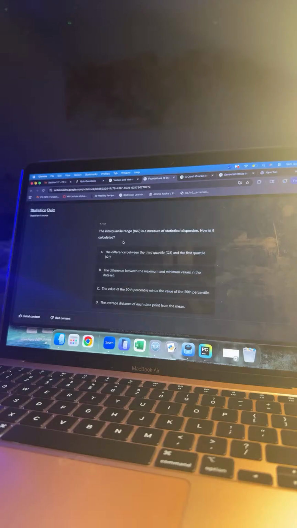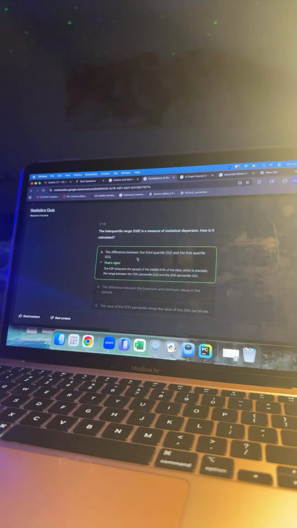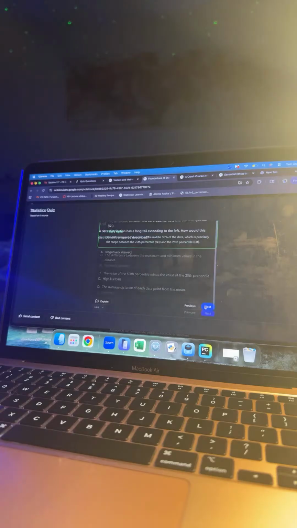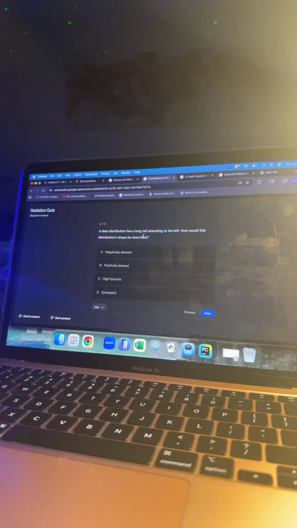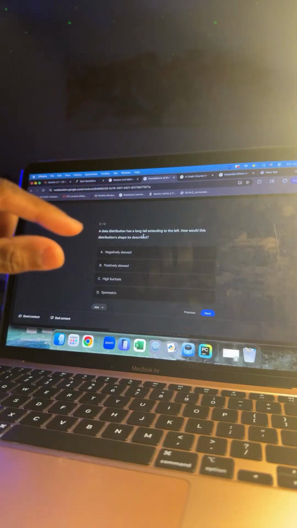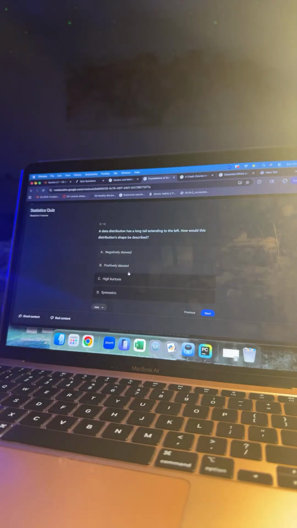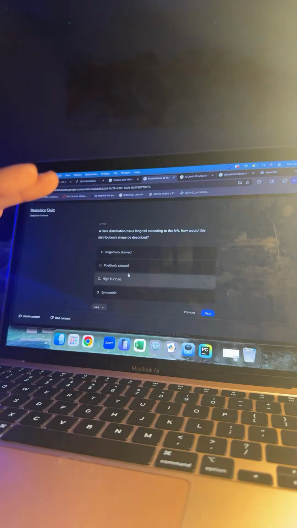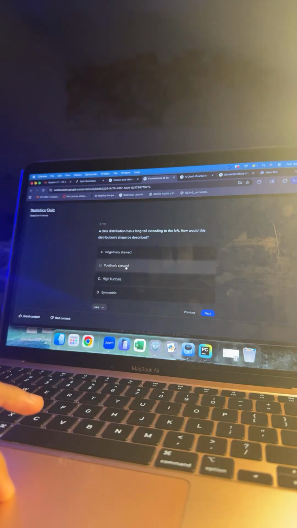So the interquartile range. That's a data distribution that has a long tail extending to the left. So the long tail extending to the left, it's less skewed. It's like this. Positively skewed.